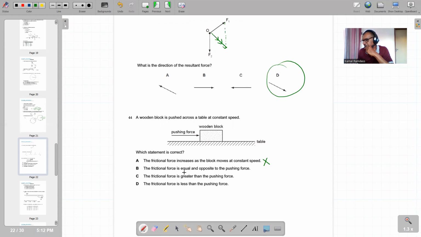The frictional force is equal and opposite to the pushing force. OK. The frictional force is greater than the pushing force. Non. Sinon, it would decelerate. The frictional force is less than the pushing force. Non. Sinon, it would accelerate. Ça veut dire, at constant speed, the frictional force is equal and opposite to the pushing force.